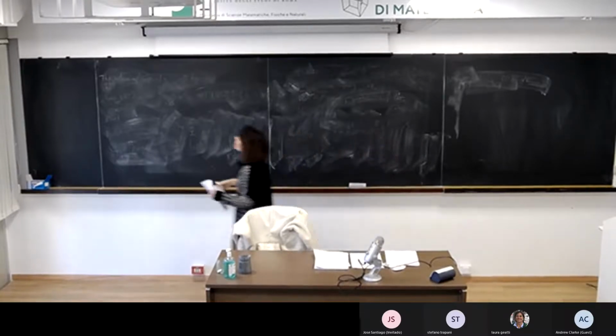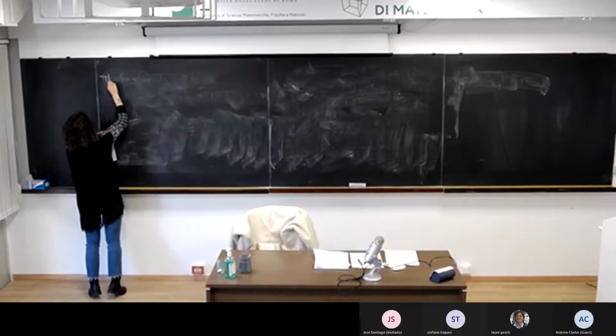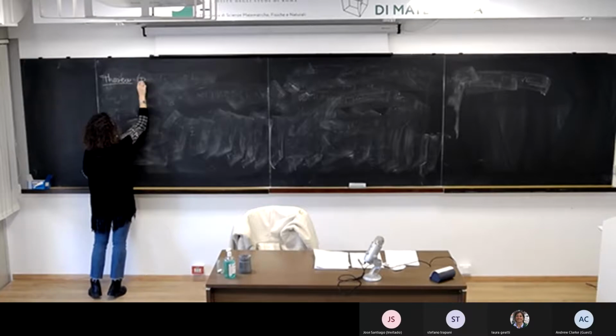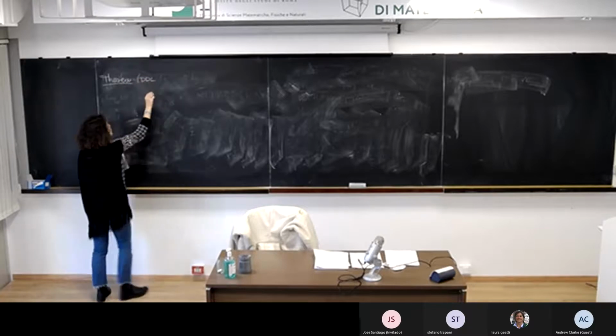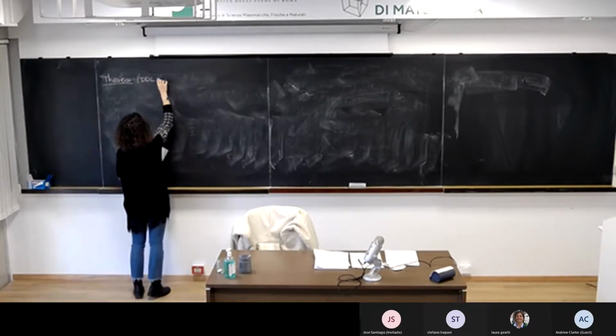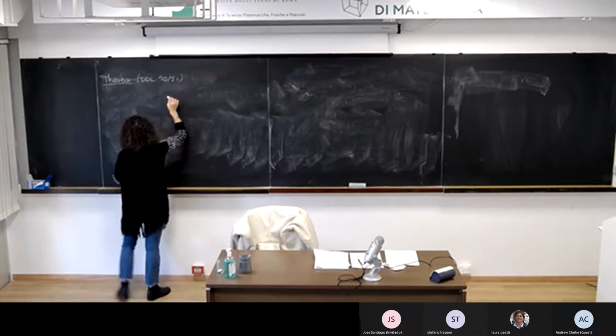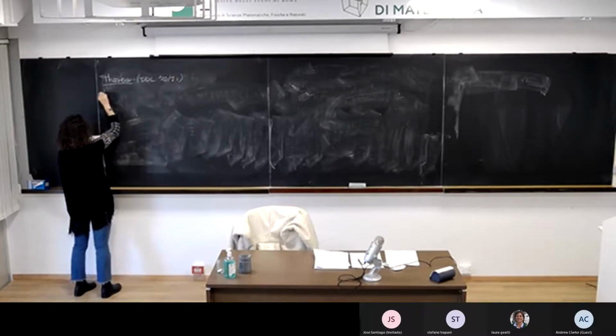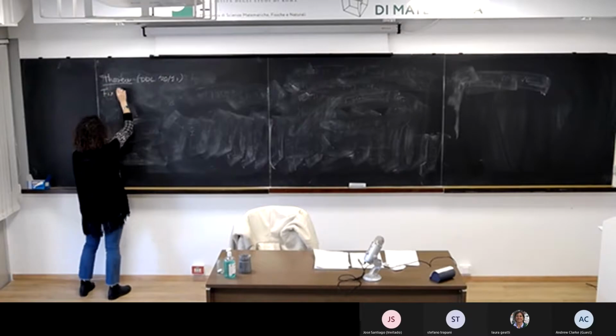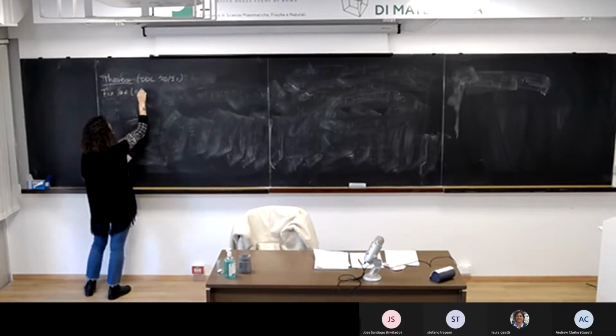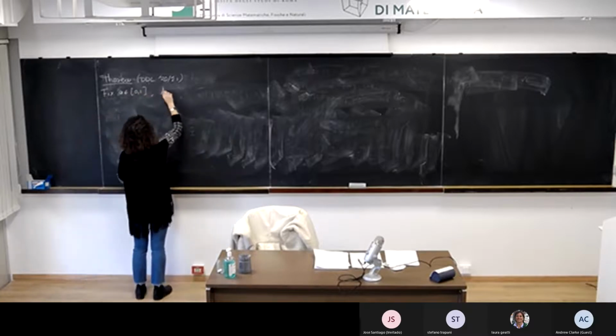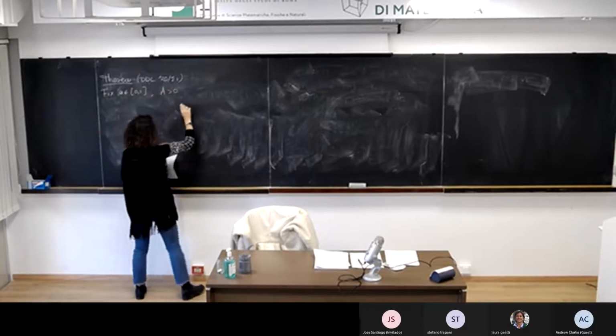Voila. Okay. So, theorem. This is again Tamas's group. It was proved by Tamas, Jean, and myself in 2020, 2021. It says: fix a in between 0 and 1, and capital A positive.